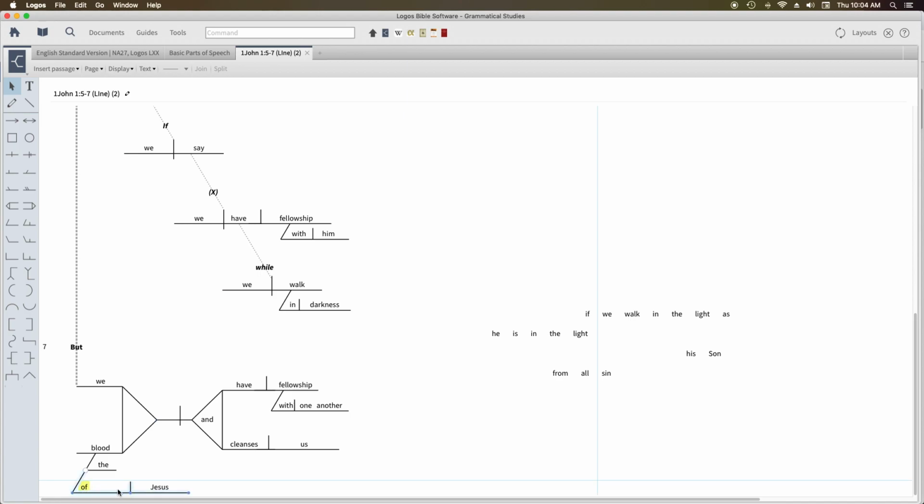Now, we also have something else going on here. We have what's called an appositive. An appositive is something that, I don't want to say renames, but it qualifies a noun in a different way than it would be if it was a verb. So, for an example, George the teacher.